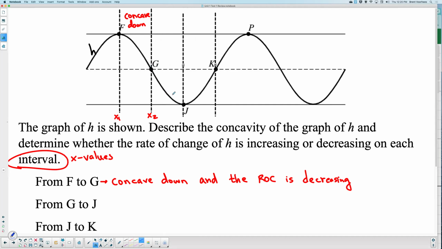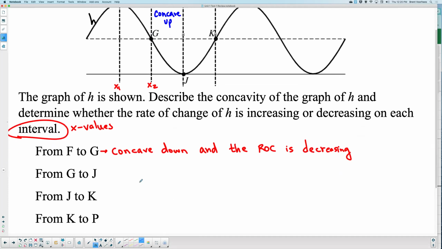How would you put your hand on that? Right side up. What does that mean about its concavity? It's concave up. And if you are concave up, what does that mean about the rate of change? Increasing. So we are concave up, and the rate of change is increasing.